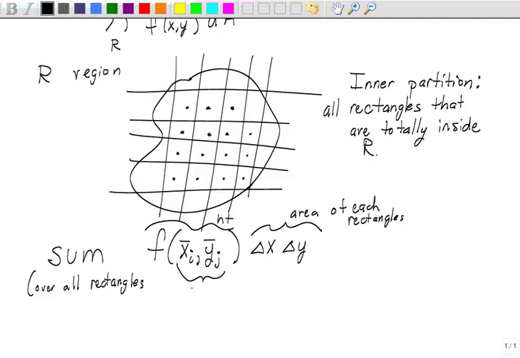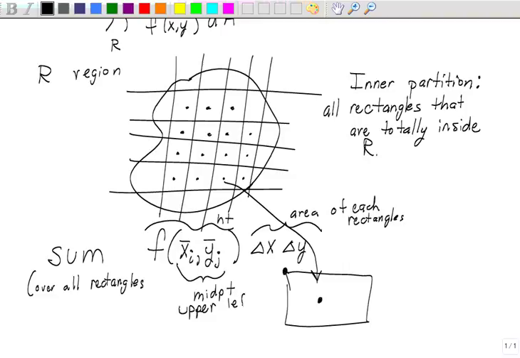Okay, so the point here in this text, we can either use the midpoint of each one of these rectangles. Let me draw a little rectangle that's represented by one of these. And we could take the midpoint, or we could take the upper left corner. We could take any point actually, but the book's going to take the upper left.